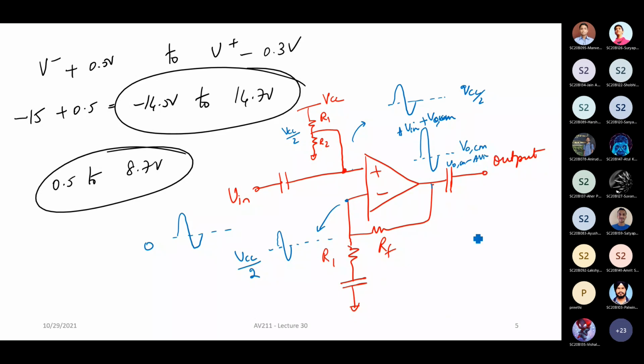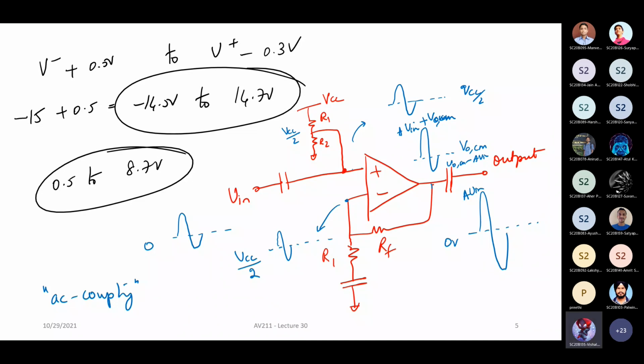After you use a DC block capacitor, it will again go to 0 volt, and you'll have the gain A times Vin as your output signal. So you need to DC block it, or this is what is called AC coupling. And you need to establish appropriate DC signals such that it is working fine. This is what you will do if you are using a single supply op-amp, which is why, to avoid all this complication, people many times will try to use a bipolar supply. Any doubts, any questions?